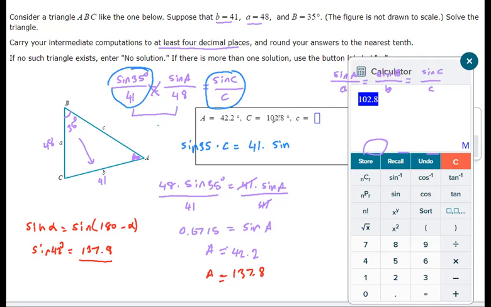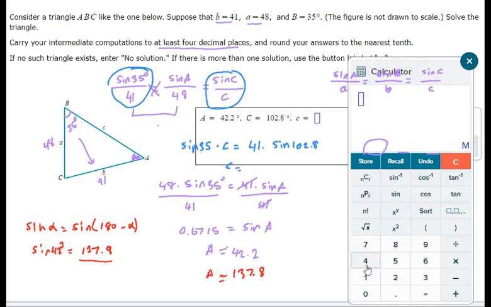So that will be 102.8. Then this C is going to be the product of these two, and then we have to divide that by sine 35 to get that. So let's go ahead and do this part.